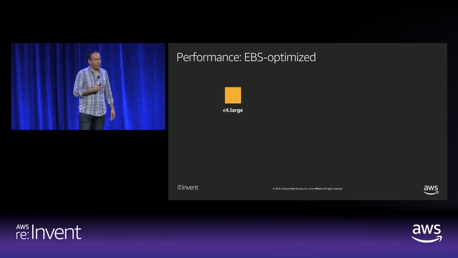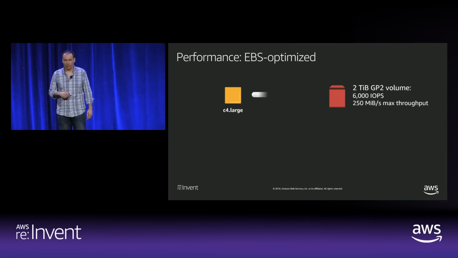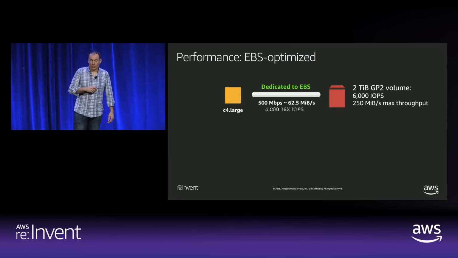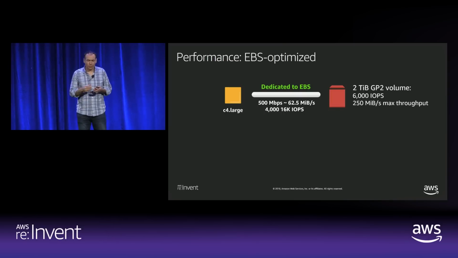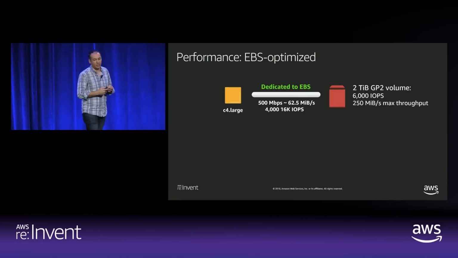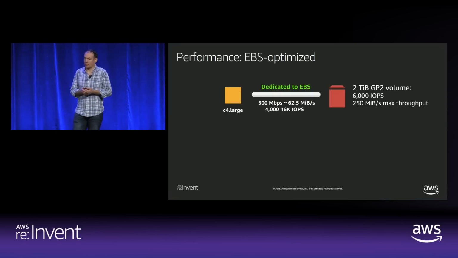Now, it is important to select the right instance size. Every instance has a specified amount of EBS-optimized throughput associated with it. And so if we take a C4 large and attach a 2 terabyte GP2 volume, expecting to get 6,000 IOPS and 250 megabytes of throughput, the C4 large only has 62.5 megabytes per second of throughput, which equates to about 4,000 IOPS.